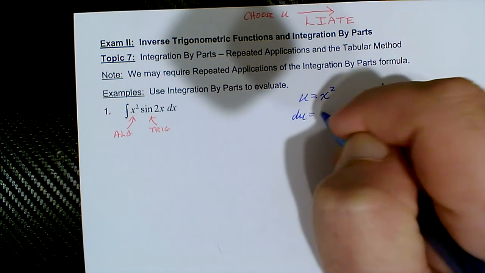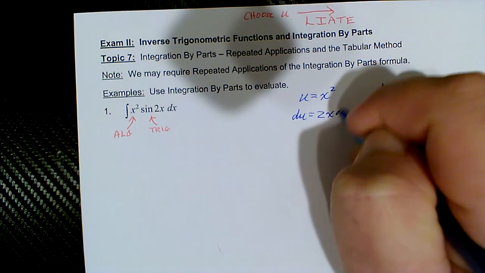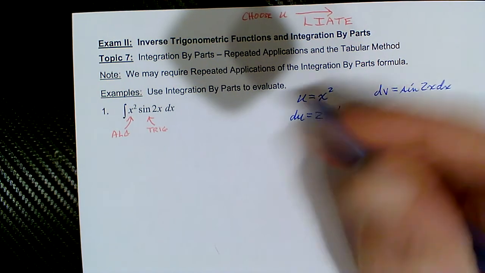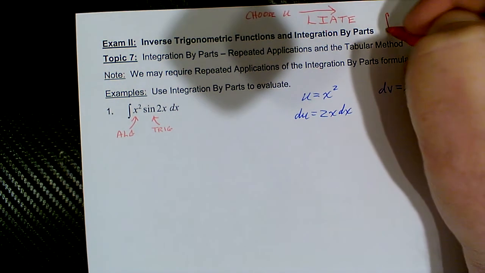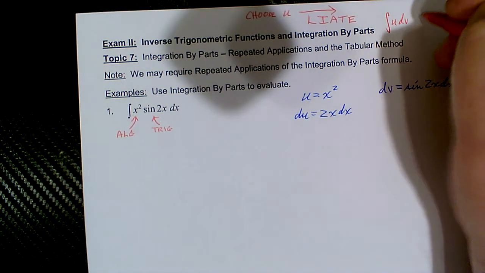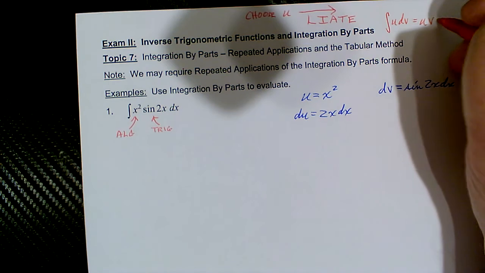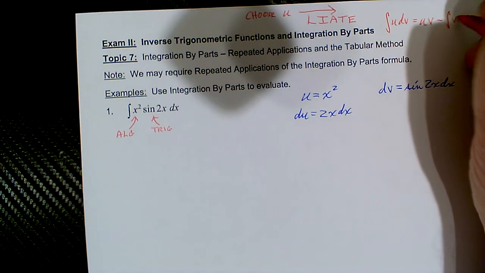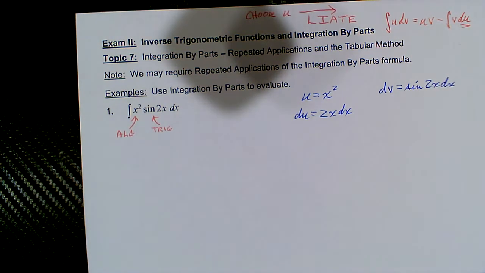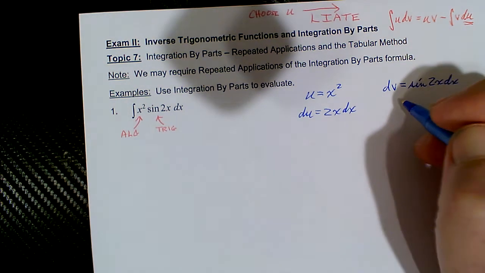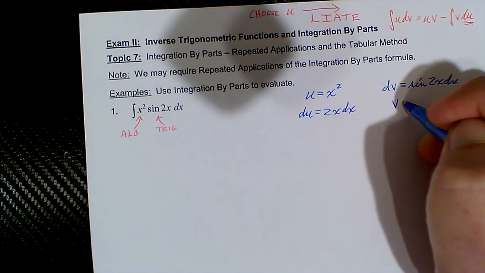So our du is calculated, that's 2x dx, and we don't modify by the constant there because recall that the integration by parts formula is the integral of u dv is equal to u times v minus the integral of v du, and it's identically du, okay? It's not a modified du. So then we integrate dv to get v.